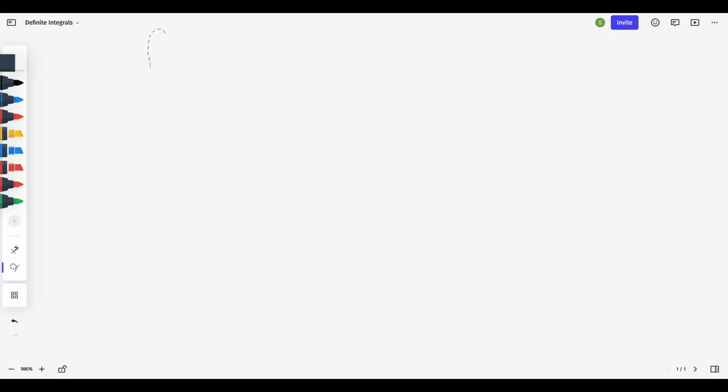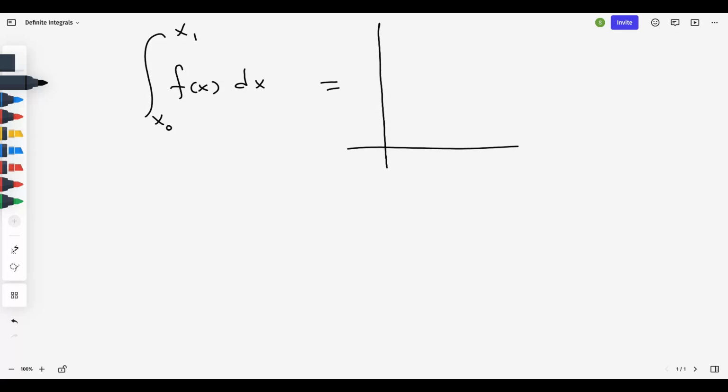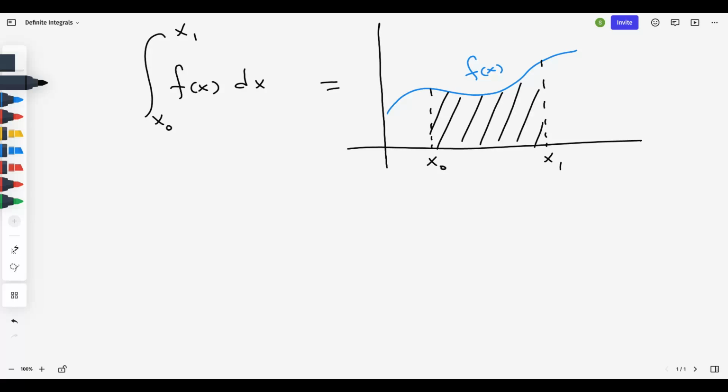So what I'm saying is that the integral of a function f of x dx from x0 to x1 is equivalent to, let's assume the curve, let's assume this is f of x, and this is x0, x1. The evaluation of this definite integral is equivalent to this area.